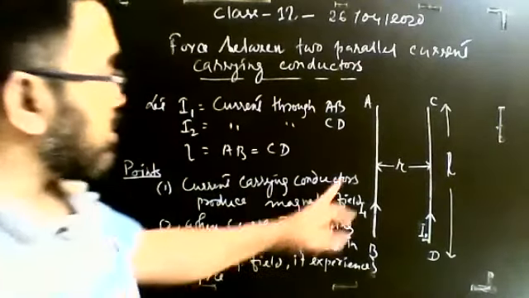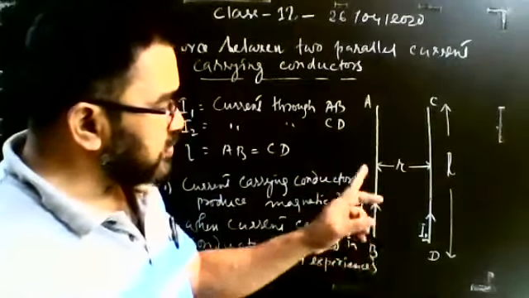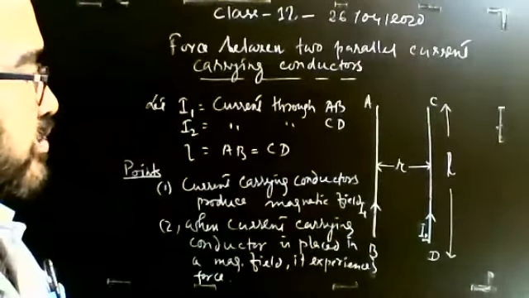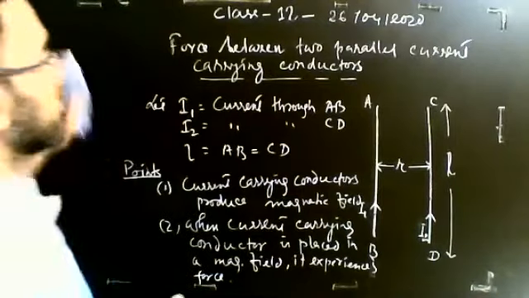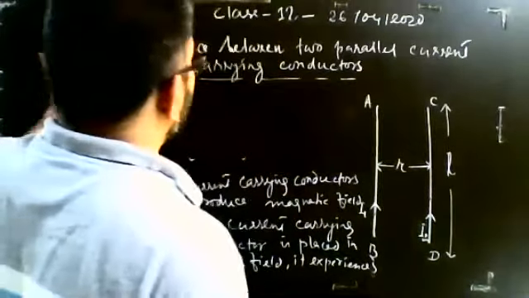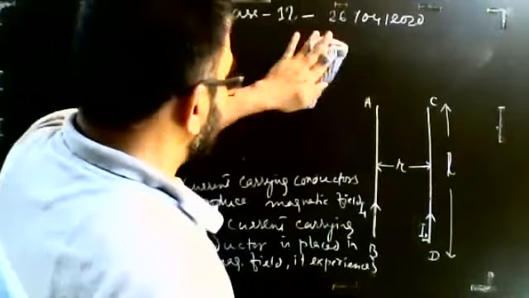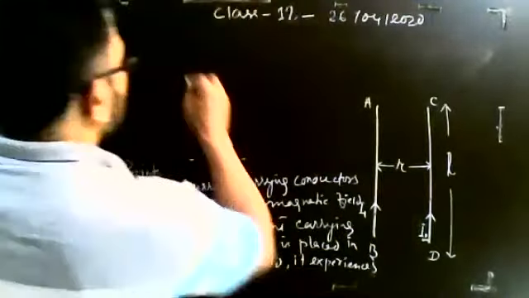So we have already calculated the magnetic field produced by a straight current carrying conductor. Okay. So what will be the magnetic field produced by AB?